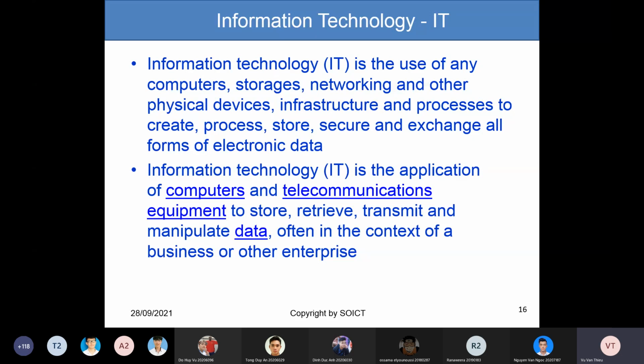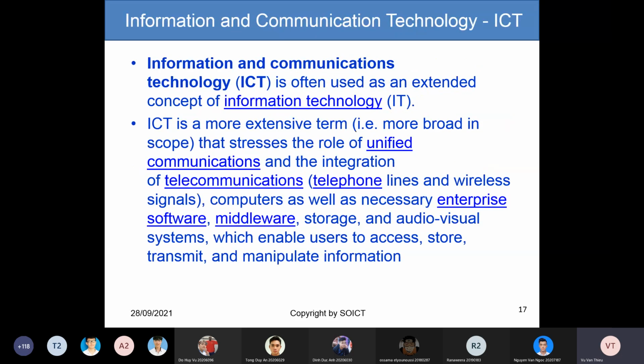But nowadays, internet has become popular and cheaper, right? So most equipment like computers, laptops, and mobiles, we use over the network. So we add the word communication to IT.